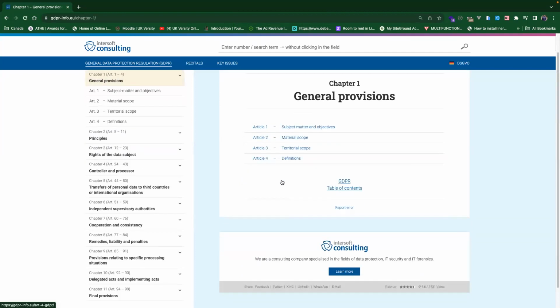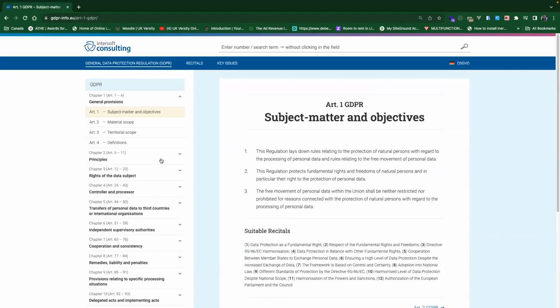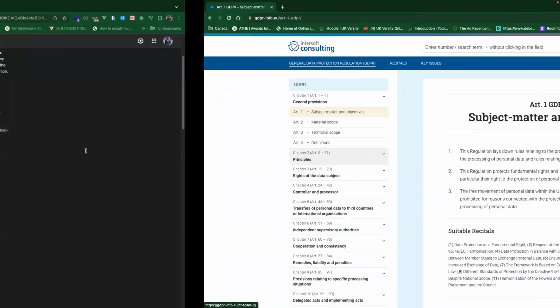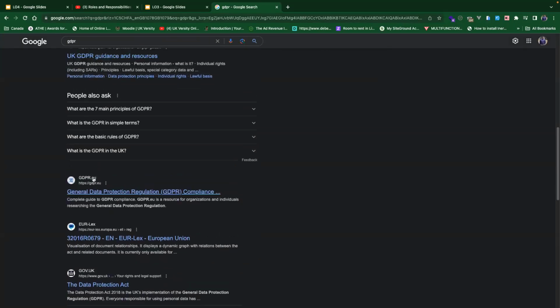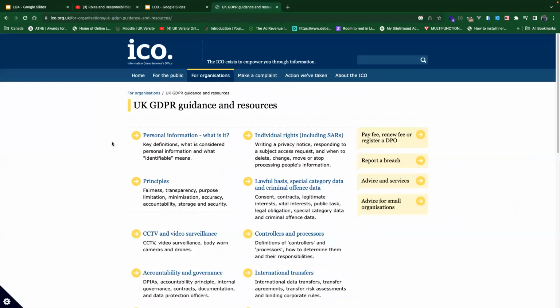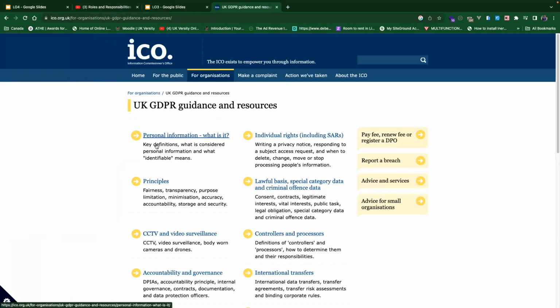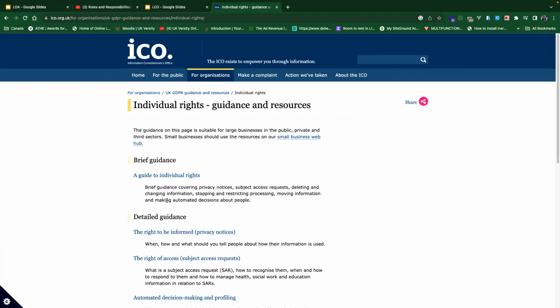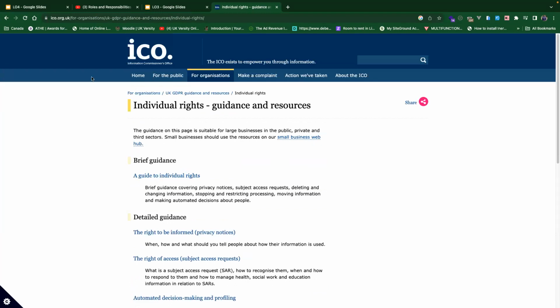We can click the first one and have a look at what it is about and go through it to better understand it. We can look at the UK zone and understand it. So as a data scientist, you have to keep this at the back of your mind.